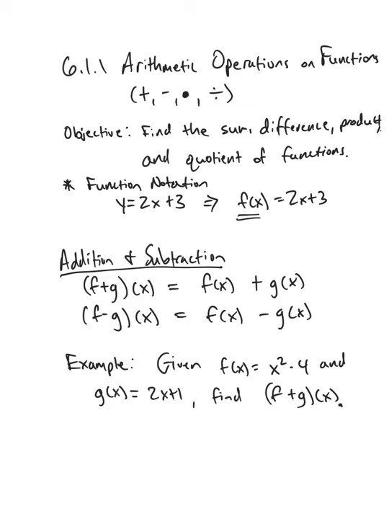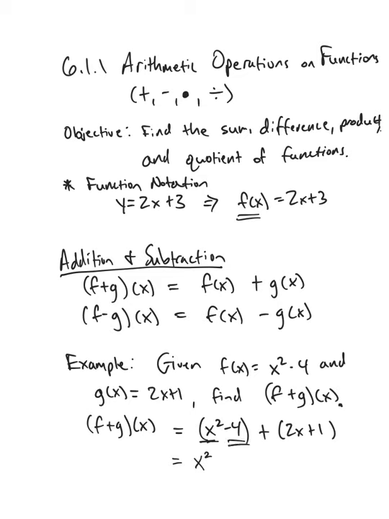So f plus g of x, remember, that is just saying take the f function, x squared minus 4. That's our f function. Add to it the g function. What is the g function? 2x plus 1. Adding functions is as simple as combining like terms. So x squared, there's no other x squared terms, so there's no like term. So it's just x squared.